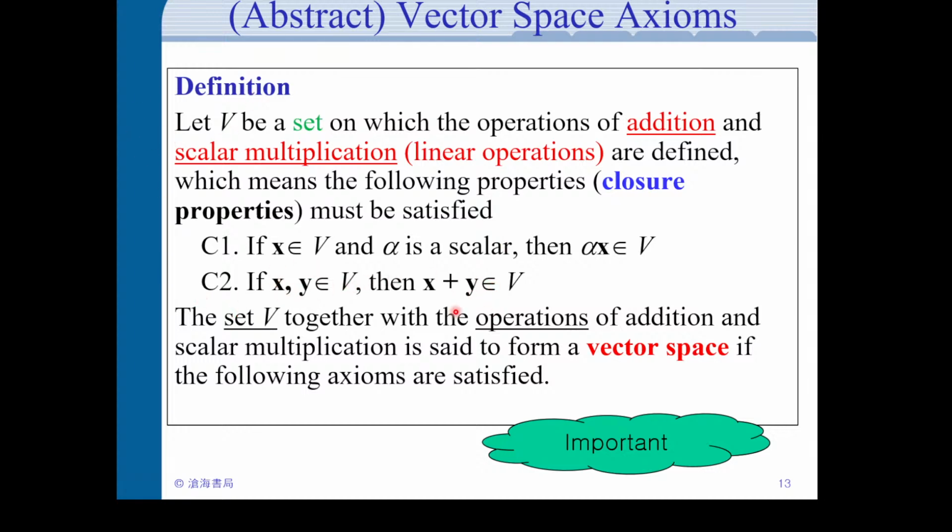They should also become something inside your space. Okay? And the first one is that when you multiply a scalar with something inside your space, that should still be something inside your space. Okay? So it's called closure because the end result is you are always still inside your space.